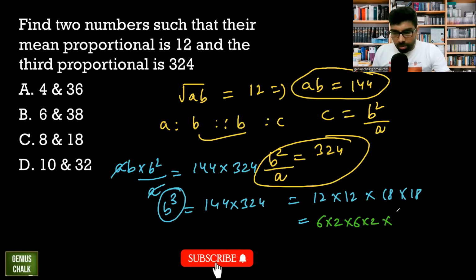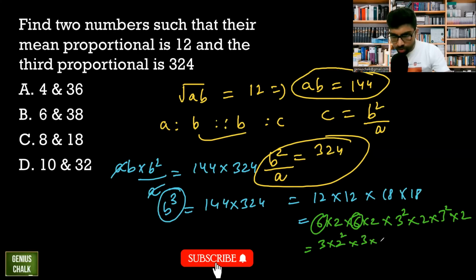Here I have 9, so 3 square into 2. 3 square into 2. Now 6 has also 3, so it is 3 into 2 square. So I can write 3 to the power 4 into 2 to the power 2, combining these two.